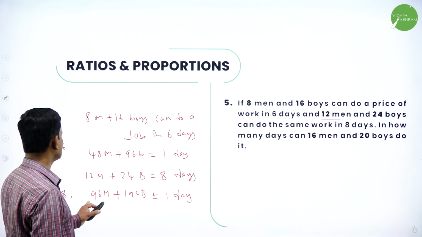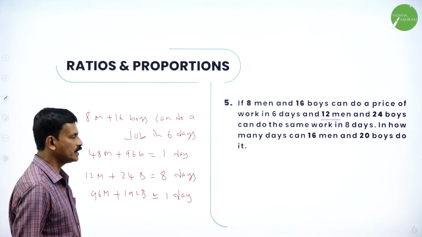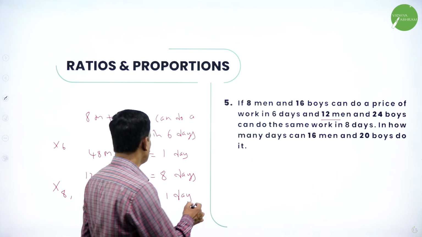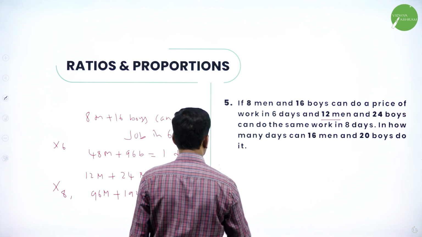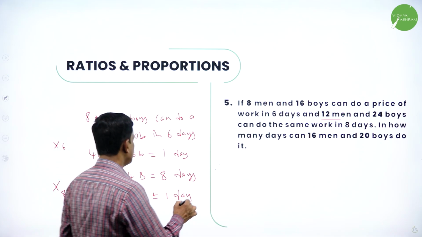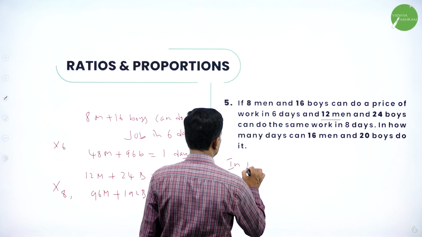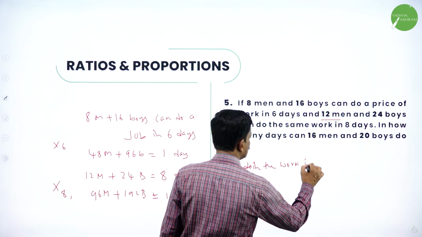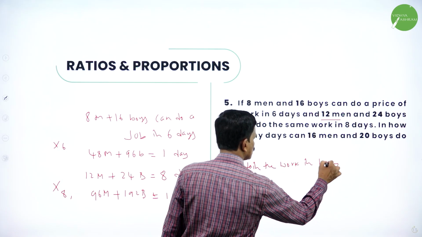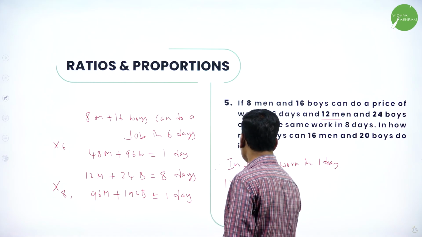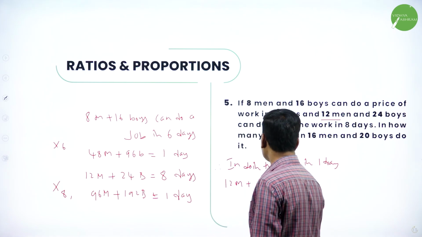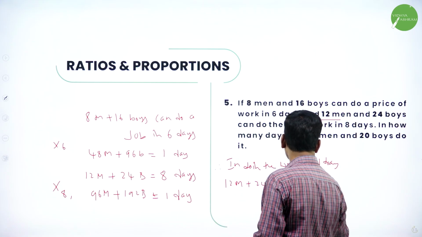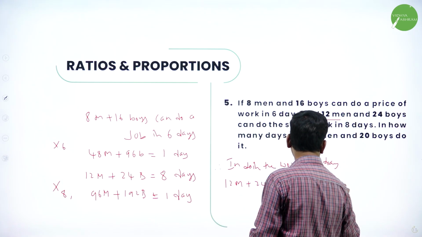So 96 men and 192 boys can do the same work in 1 day.